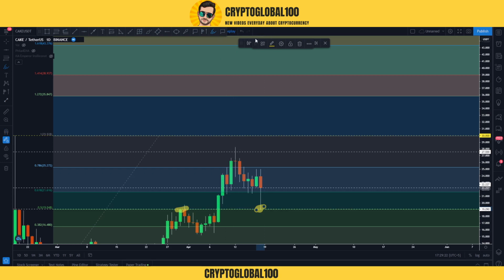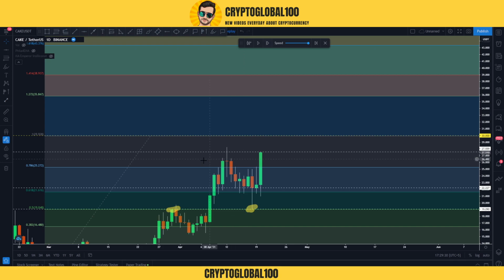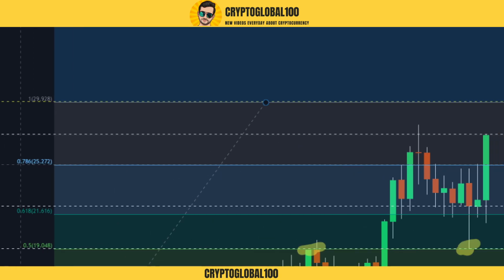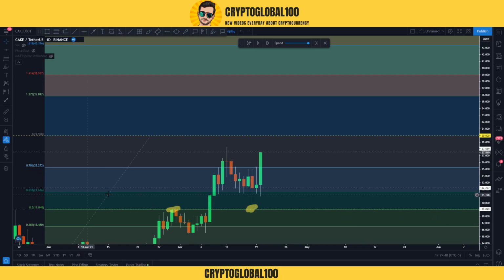Next up, it went up and tested this zone. Then you see, perfect, the 0.786 zone was tested, a perfect Fibonacci. And PancakeSwap is following the Fibonacci levels perfectly. So what happened after that?